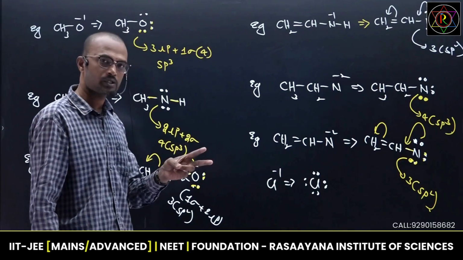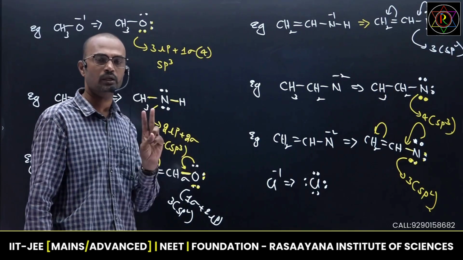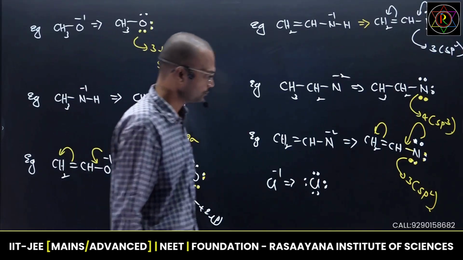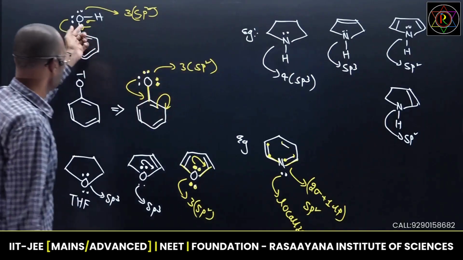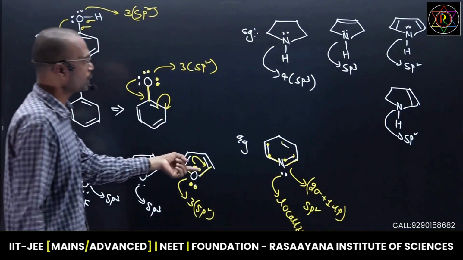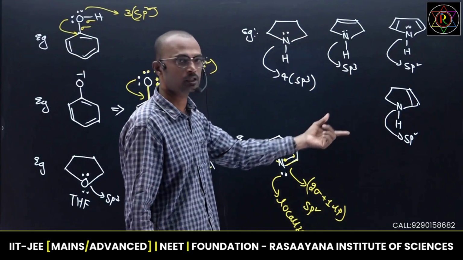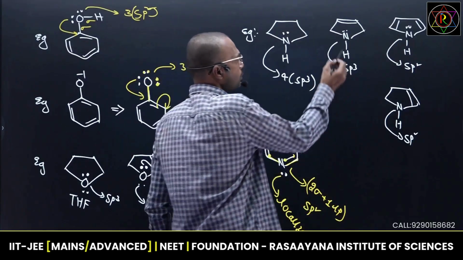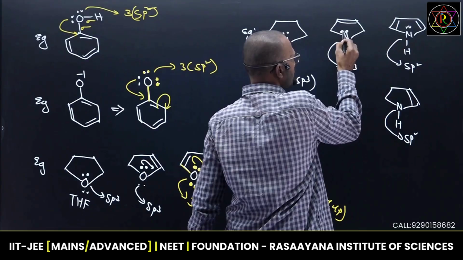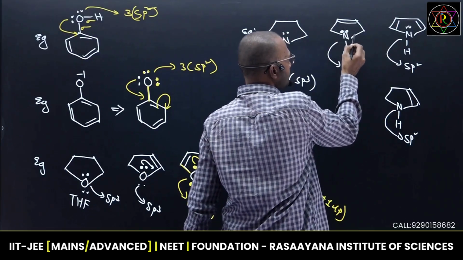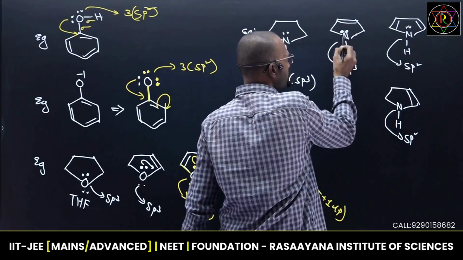If it is delocalizing, if it is under conjugation, ignore 1 lone pair. And here also same: phenol, phenoxide, furan, heterocyclic compounds and pyridine, everything I explained. If any lone pair is under conjugation, it will be involved in delocalization. If the lone pair is not under conjugation, see it is not conjugated, sigma bond, sigma bond, so now it is a free lone pair, sp3.